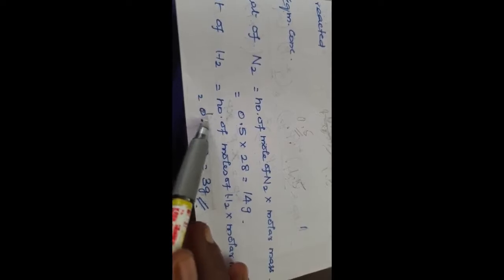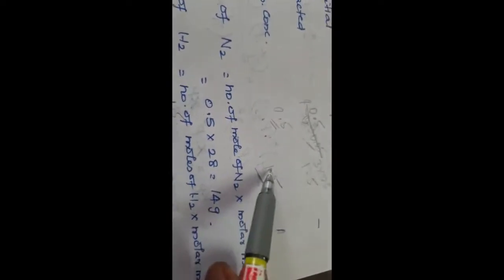I wrote it with pencil, it's not clear. How did you get 1.5? One part is 0.5, so 3 parts means 1.5. Of the 3, 1.5 reacted, so the remaining is 1.5. So the number of moles of hydrogen is 1.5 into the molar mass of hydrogen 2, so 1.5 into 2 means 3 grams.